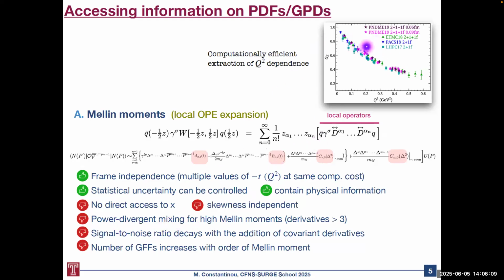I don't have a plot with me here, but this is the n equals 0 case. If I do n equals 1 and 2, which is where we have managed to reach, even introducing one covariant derivative, the errors increase significantly, and also the number of collaborations decreases significantly because people don't want to invest a lot of computer time to study something that's very noisy. They want to do something different. So that's what I mean, the noise increases.